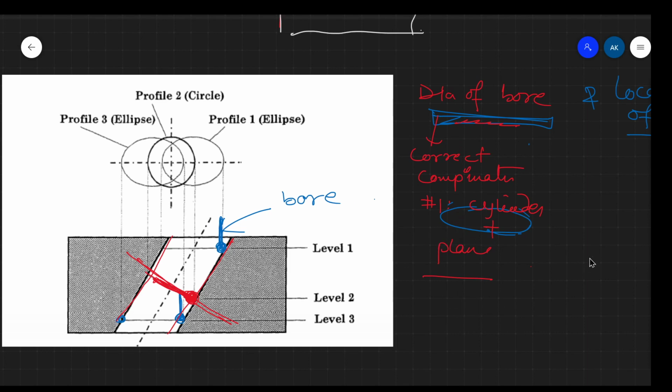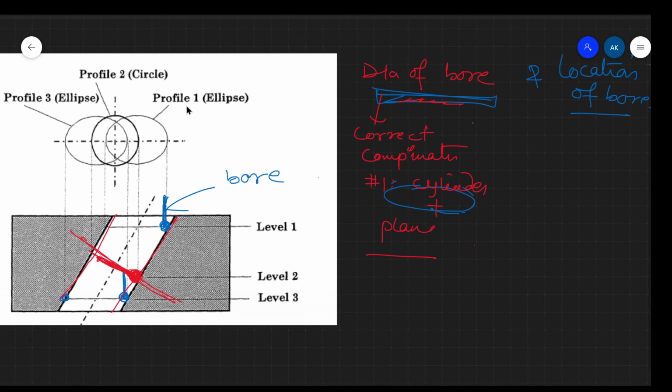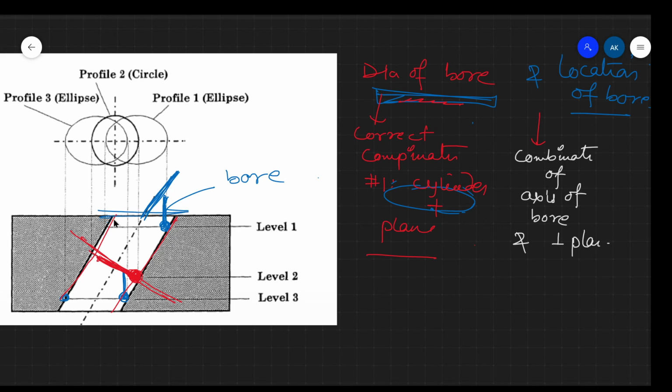Whereas the location of this bore is the combination of axis of bore and one plane. So see, this is the axis of bore and this is one plane.